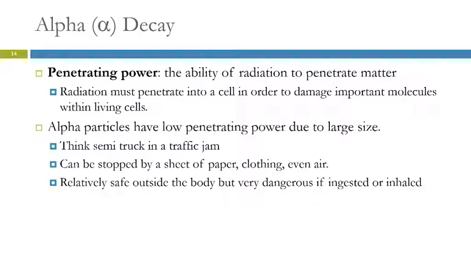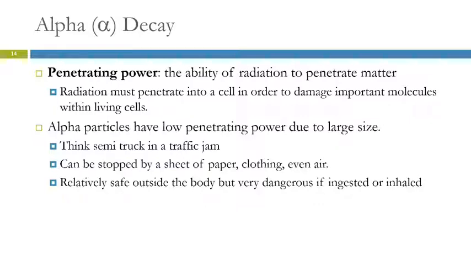You can't weave in and out or go over on the shoulder like you could if you were on a motorcycle or something. You're just kind of stuck. So the alpha particle gets stuck easily. It can be stopped by something as small as a sheet of paper, t-shirt, even a layer of air.